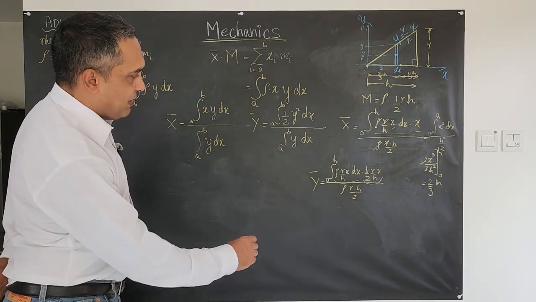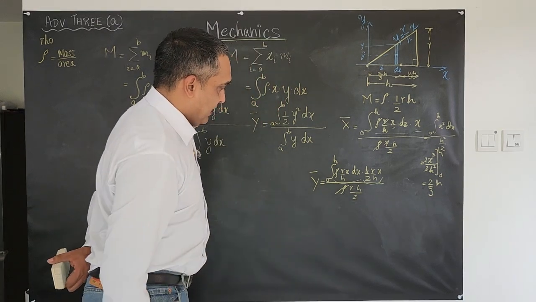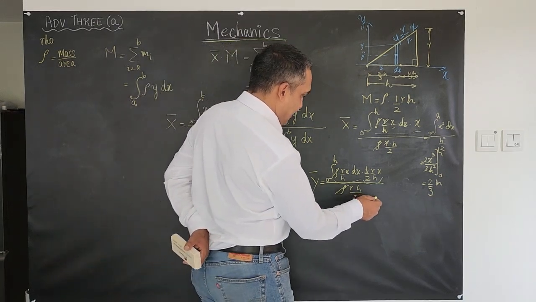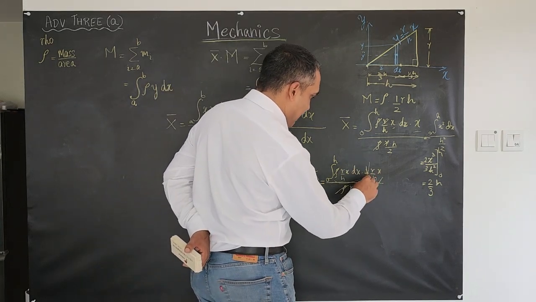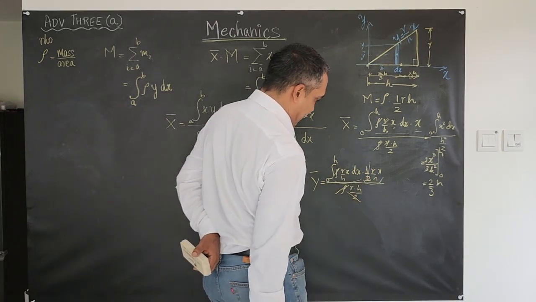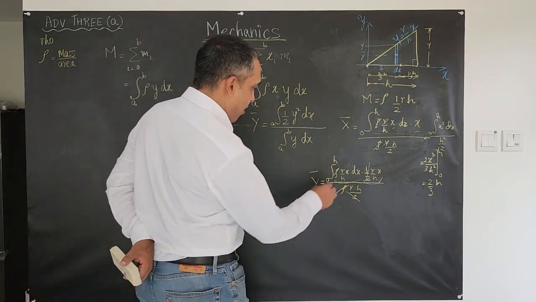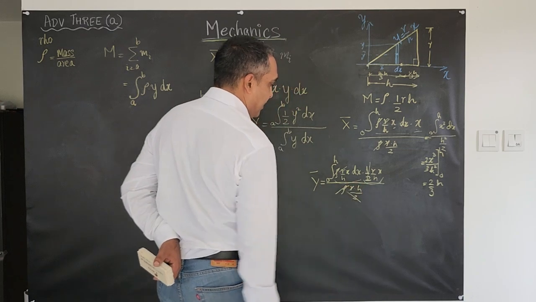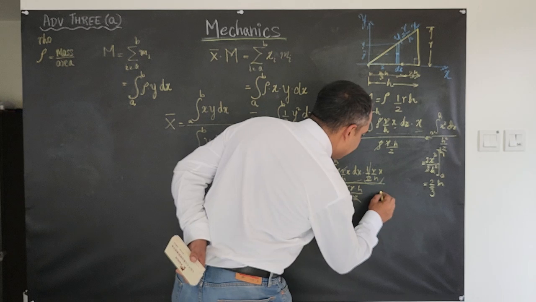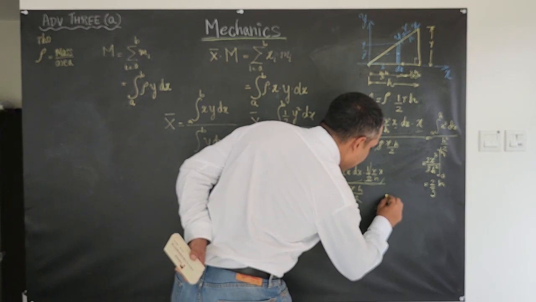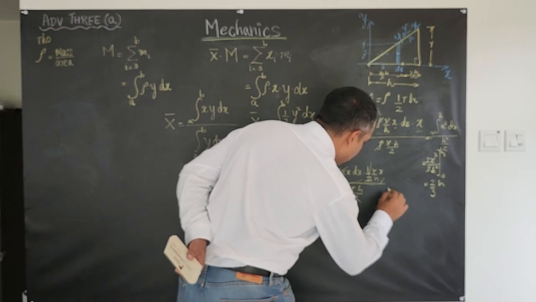So if I played with the math here, what do I get? I obviously take this out. Nice and easy. I don't have an h anywhere, but I have a 1/2 somewhere. I have this 1/2, and I have a 1/2 here, so they go out. I have an r and an r that can clear out of the way. What am I left with? I am really left with, and I'll write it here, 0 to h.